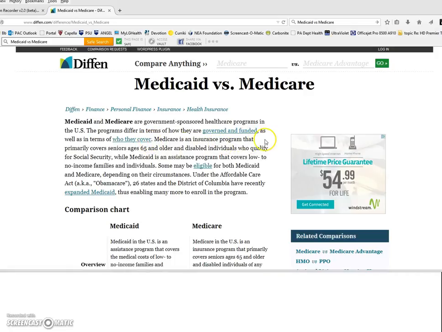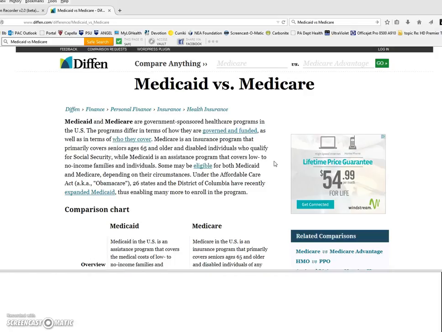So you'll see here that Medicare is an insurance program primarily used to cover seniors ages 65 and older, as well as disabled individuals who qualify for Social Security. And then Medicaid is actually an assistance program that covers low to no income families and individuals.